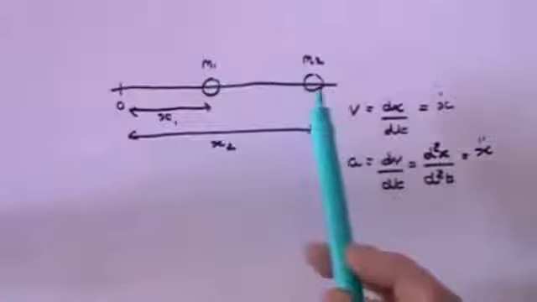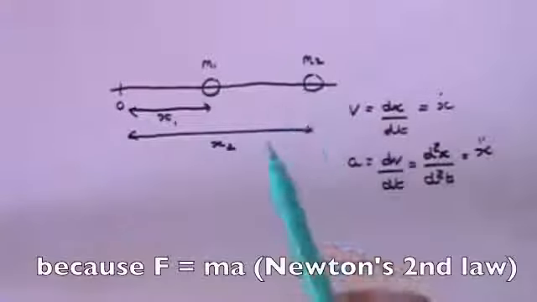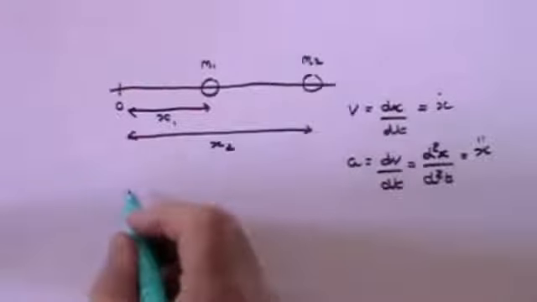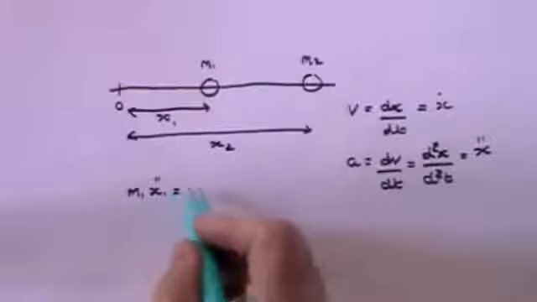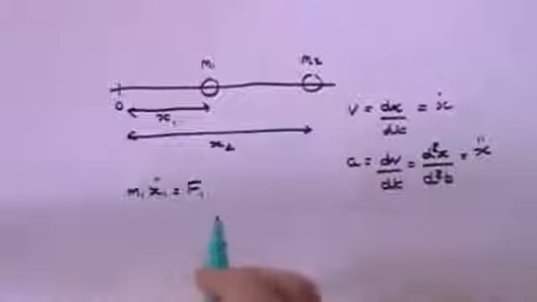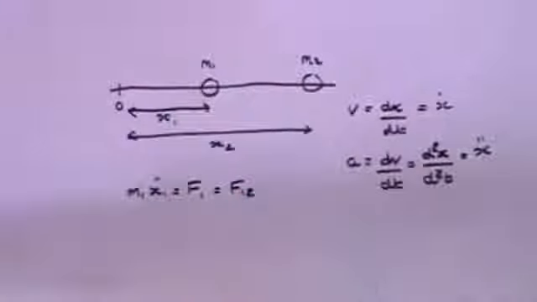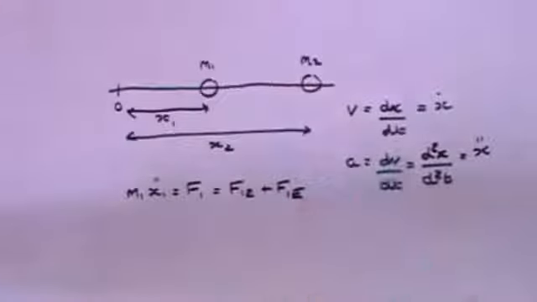Now, if these masses are subject to forces, then they will accelerate. And we can say that with respect to the first mass, m1 x1 double dot is equal to the force on mass 1. And that is equal to the force on mass 1 by the object mass 2, in whatever way it is impacting, plus any external force acting on mass 1.